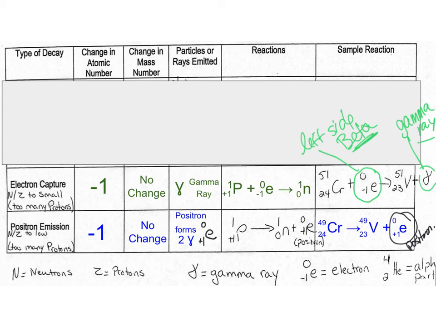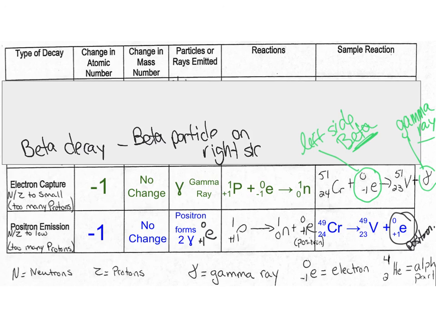For electron capture, you have the beta particle on the left side, and you also have a gamma ray. For the other two, we had beta decay. We see the beta particle on the right side, and by right side, I mean right side of the equation.